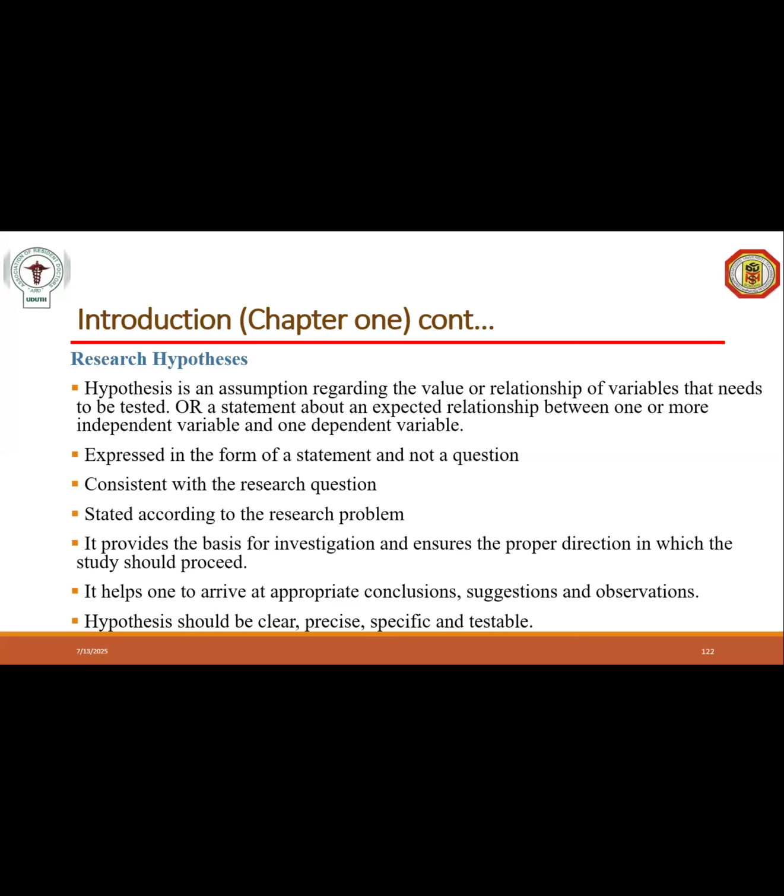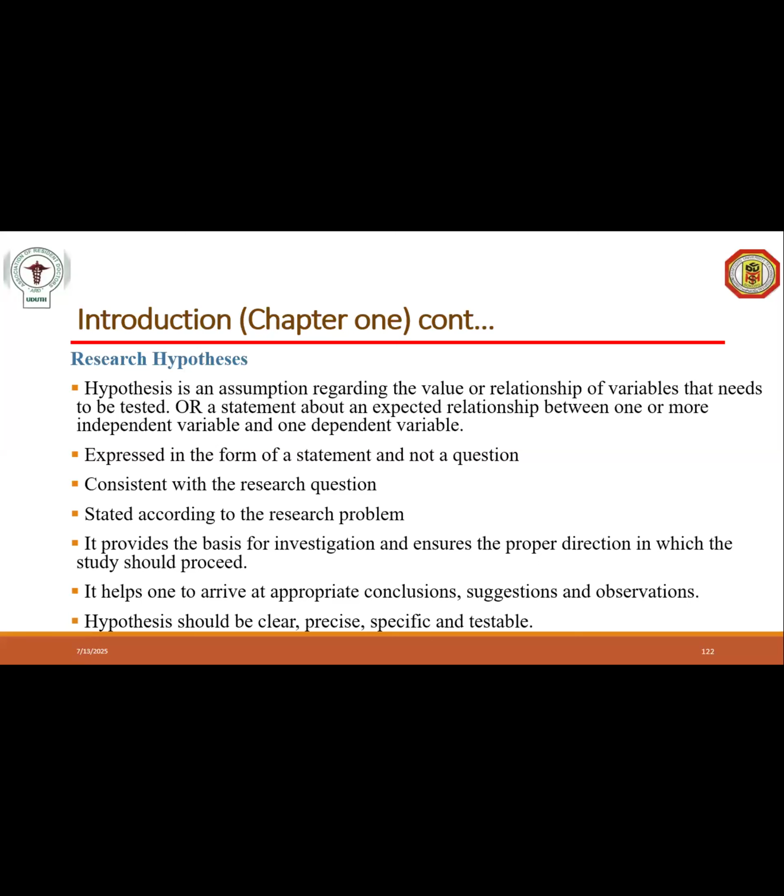It doesn't need to find out whether something is causing something. No, it's just to present it in terms of percentage or proportion. So that one doesn't require any hypothesis. Or you want to present the pattern of something. So any pattern doesn't require any hypothesis.